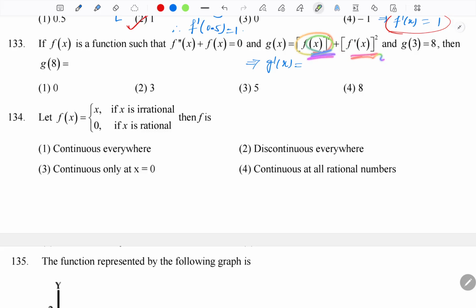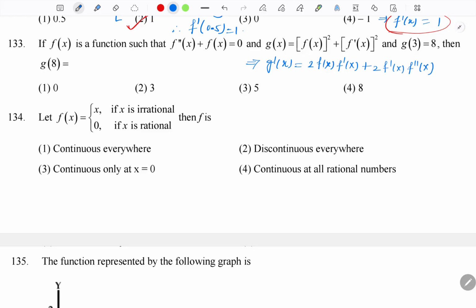Now first 2 times f of x, derivative of f of x, f dash of x. Again here also the power rule applies. Then first 2 times 2 times f dash of x, internal derivative f double dash of x.